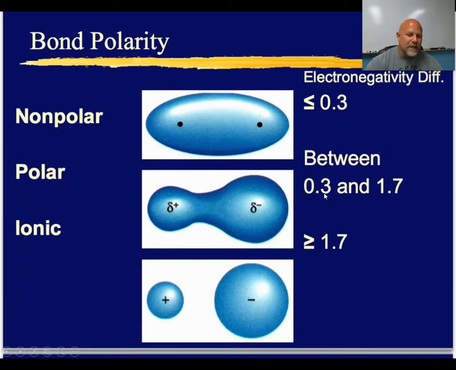If we have a difference in electronegativity between 0.3 and 1.7, like a hydrogen and an oxygen, then we end up with a polar covalent bond. And if the difference is higher than 1.7, like in this case of an ionic bond where the difference would be 2, because this lost an electron and this gained an electron, then we call those ionic bonds.